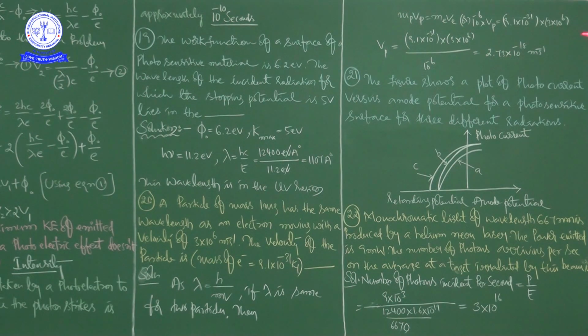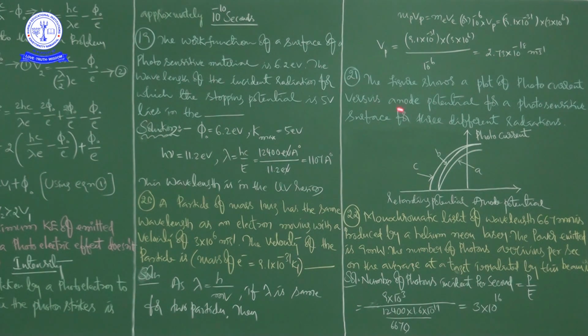That is equal to the mass of electron and velocity of electron on this side. Taking vp as the subject, so that you can find the velocity of the particle, and taking this 10 to the power of minus 6 to this side and doing the calculation, it will be 2.73 into 10 to the power of minus 8 meter per second.